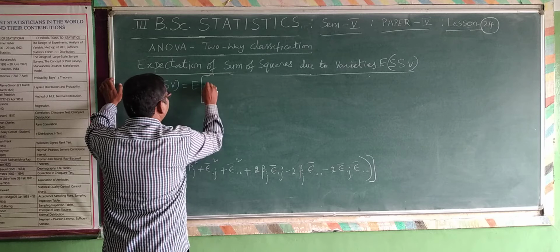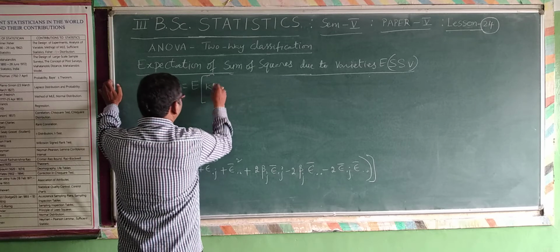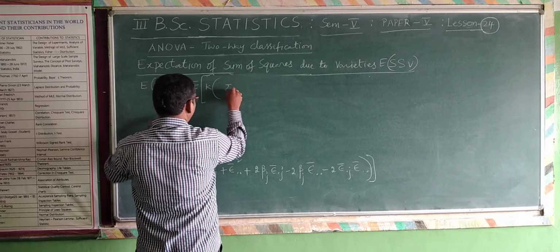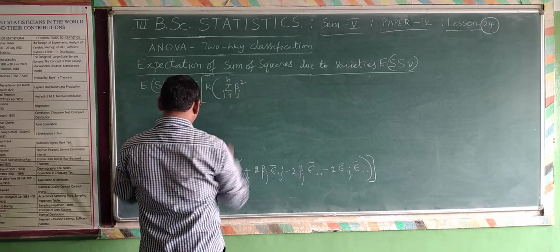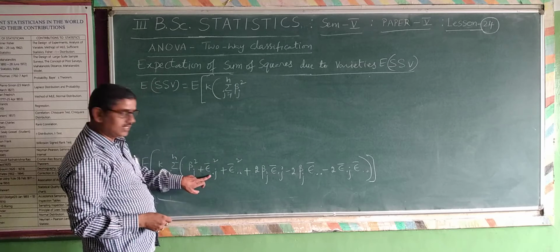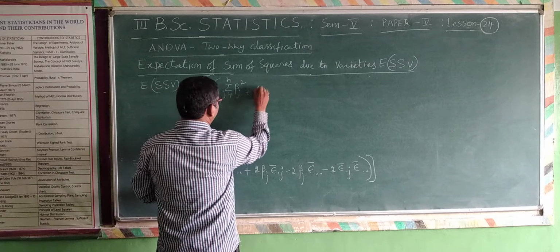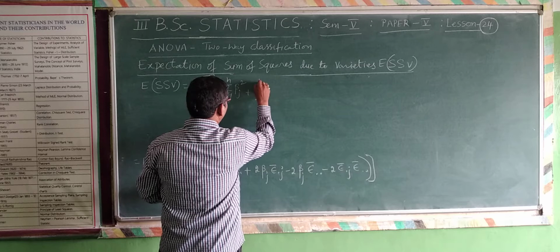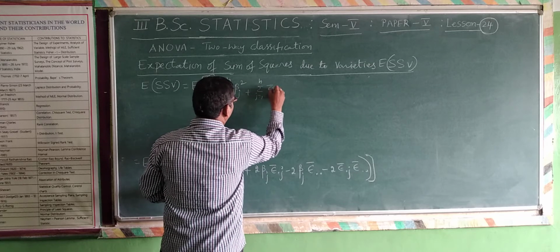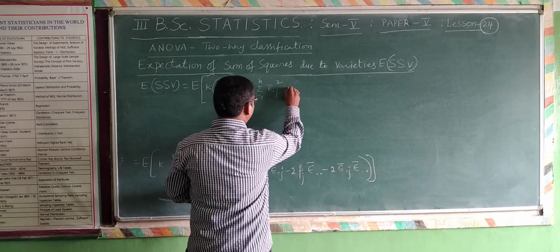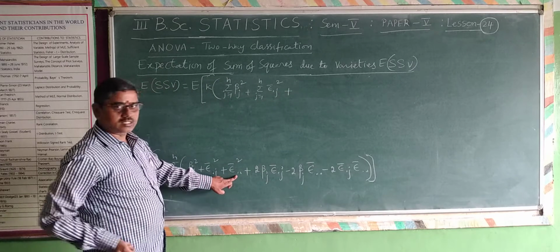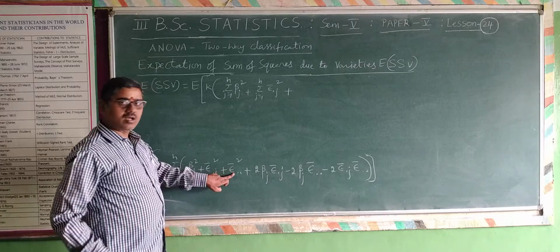Then I take the expectation of K multiplied by: now I take the summation j is equal to 1 to H of beta j square, plus this is the first term, the second term, summation j is equal to 1 to H of epsilon bar dot j square, and next plus the summation of epsilon bar dot dot square.